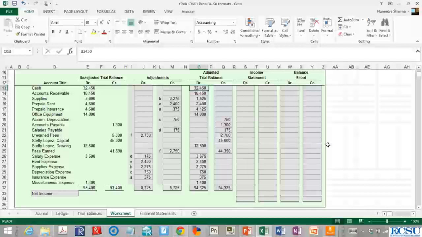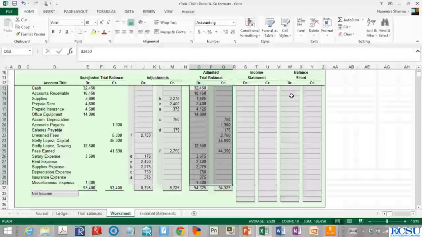So in the worksheet, these are the income statement and balance sheet columns. All these items in the adjusted trial balance you have to take either to the income statement or the balance sheet columns. Now all assets, liabilities, and owner's equity will go to the balance sheet. Revenues and expenses will go to the income statement columns.